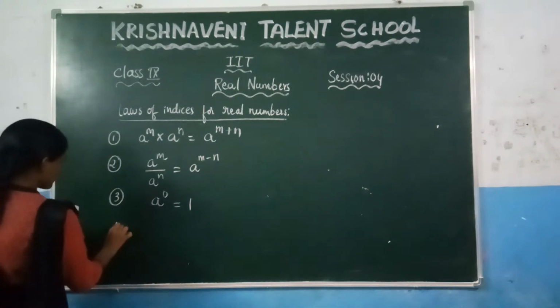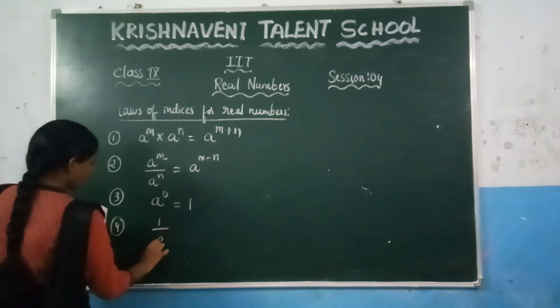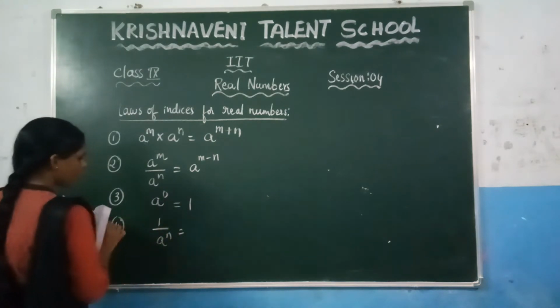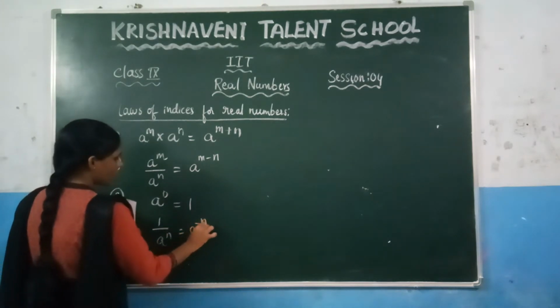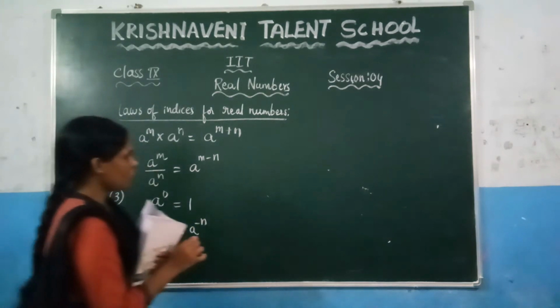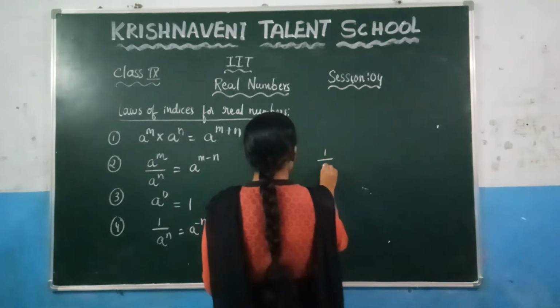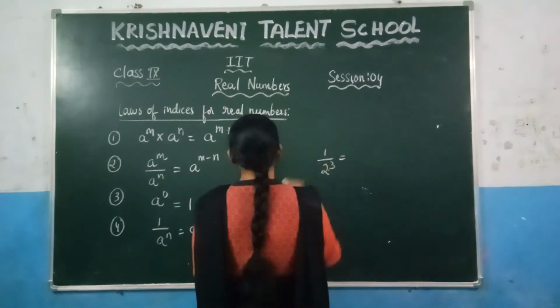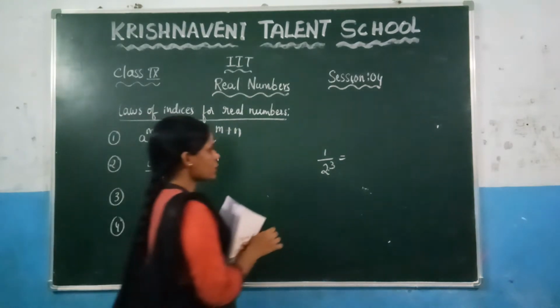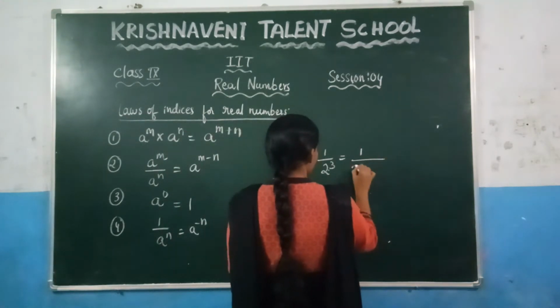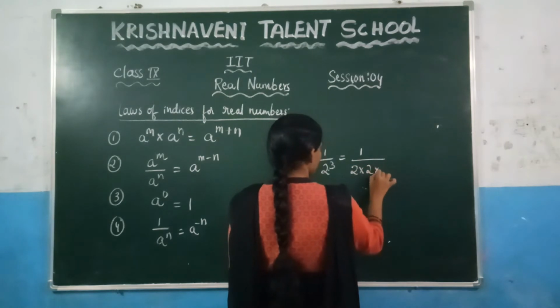A power minus n or 1 by a power n. What is the value of 1 by a power n? This one you can write as a power minus n. So here, if you consider the example 1 by 2 cube. If you want to find the value of 1 by 2 cube, how do you find it? Here you can write it as 1 by 2 into 2 into 2.